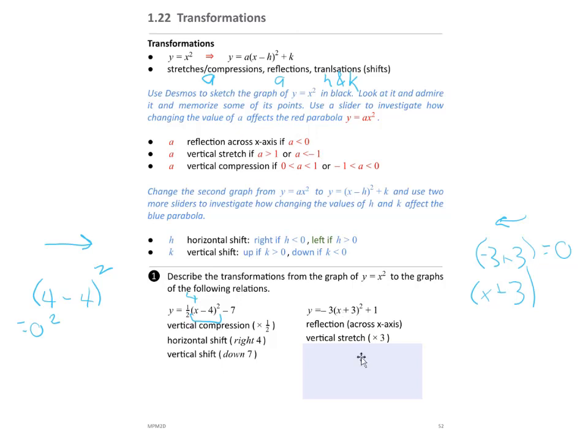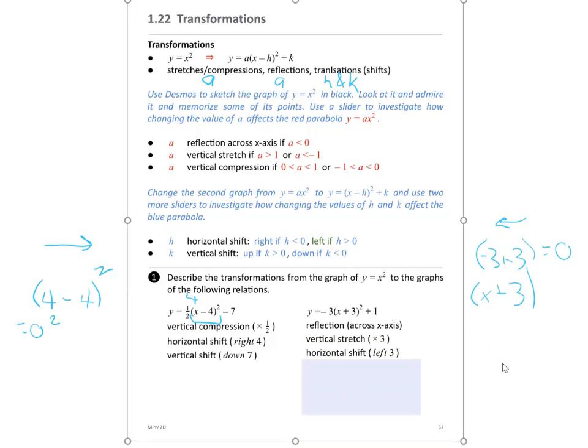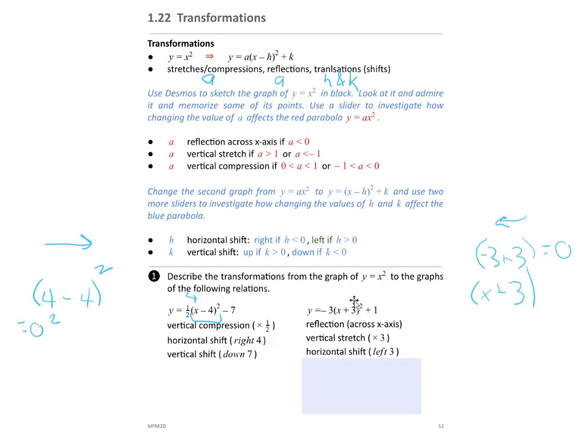So it's going to shift left 3 units. And then we have plus 1 for our k value, which means it's going to shift up 1 unit. There we go. And that is the first page of this. That should demonstrate very clearly how to analyze these.